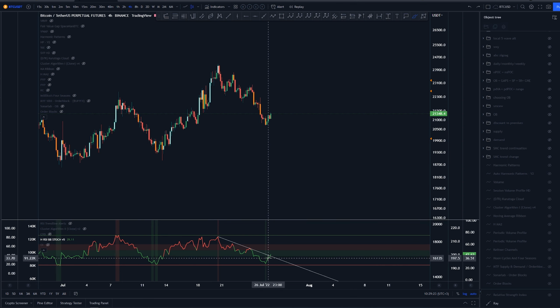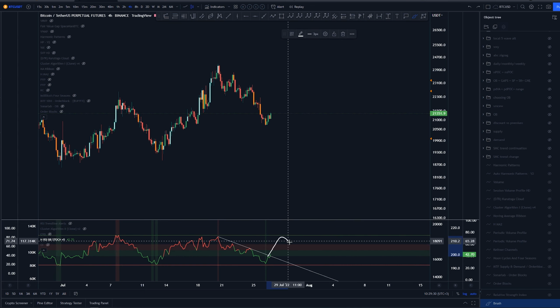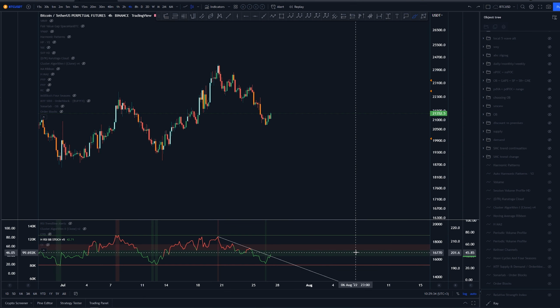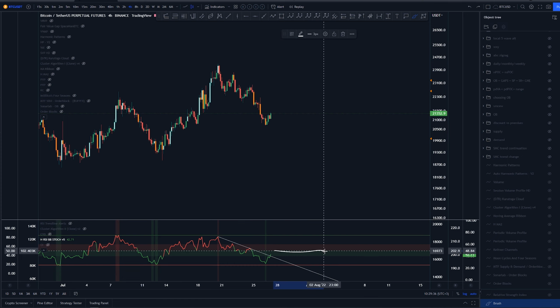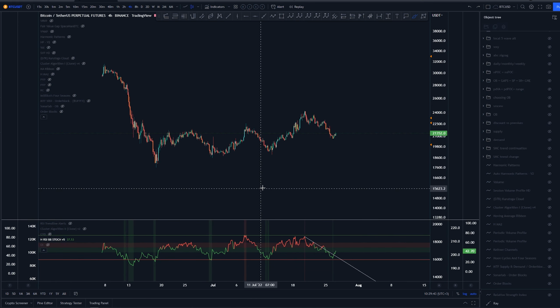The most clear pattern would be that we are again doing the same thing, a bearish backtest here into this previous area of support on RSI, which would be again the 40 area and below, and then going higher. That would indicate bullish momentum again higher.